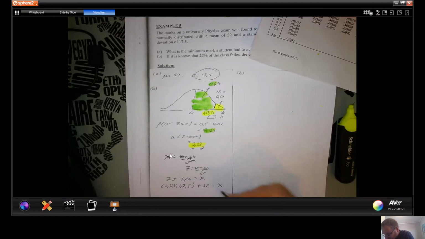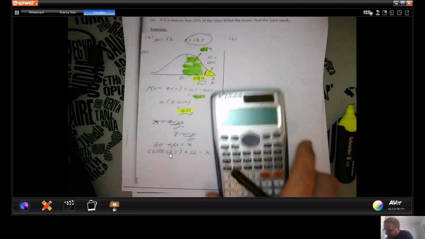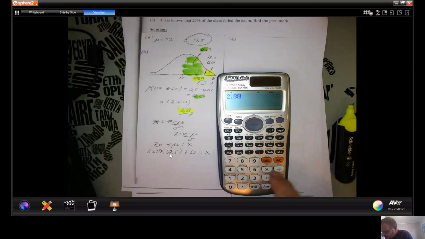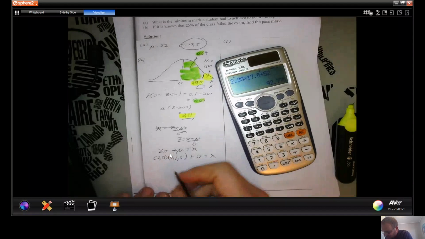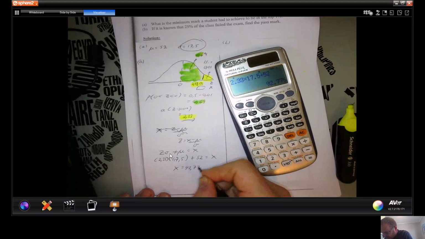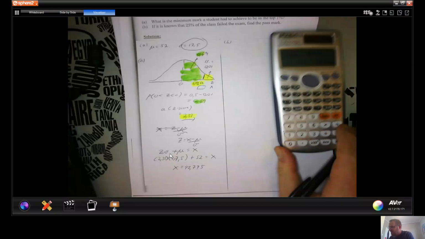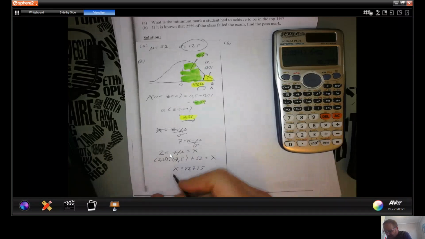If I use my calculator, because I'm not a genius, 2.33 times 17.5 plus 52 gives 92.775, which is exactly what Boati got. That was the mark you needed to be in the top 1%, so your minimum mark would be approximately 93%.